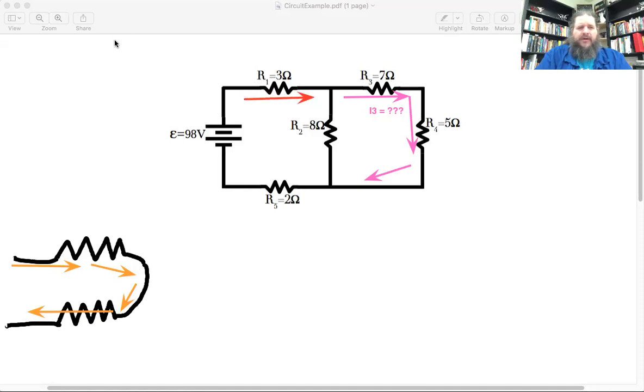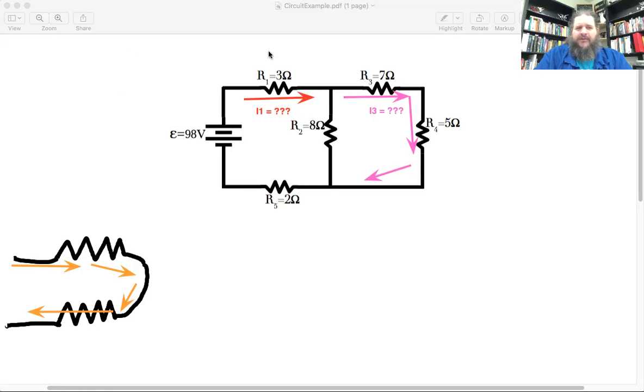As for 1, 2, and 5, let's say we've got current going through resistor 1. Let's call that current I1, which we don't know yet. But what happens to that current when it hits this junction here? Yeah, the current's going to split. So that means the current through resistor 1 is not going to be the same as the current through resistor 2.